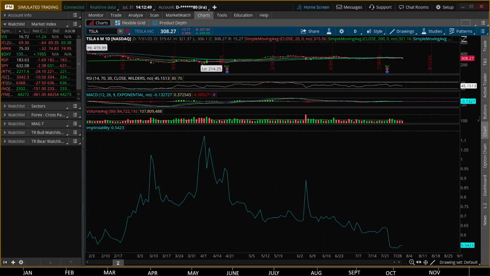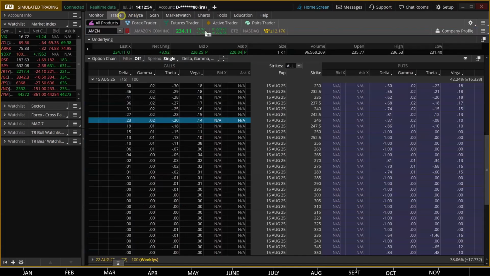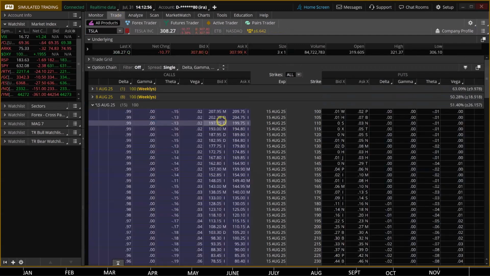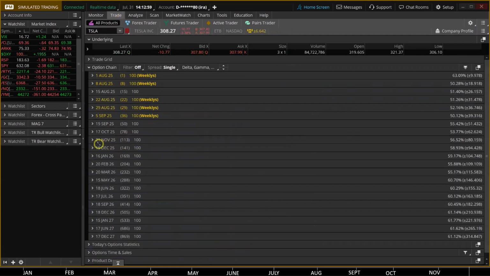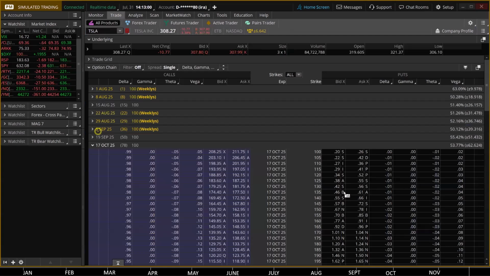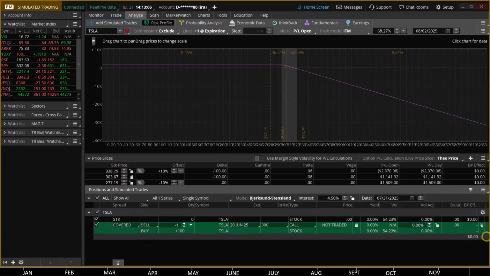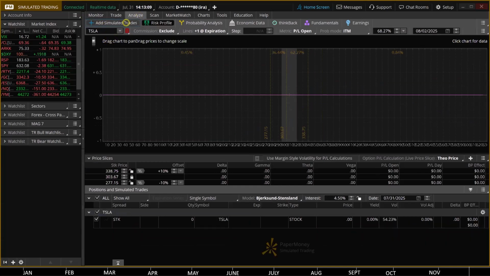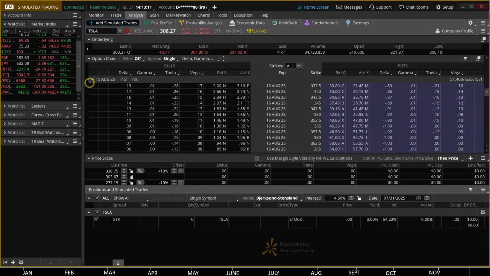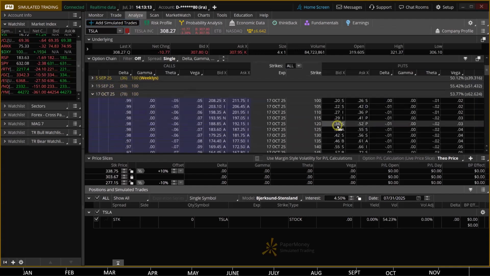And so what I talked about doing was the concept of a straddle, or otherwise known as a strangle if you're going to do offset strike prices. A straddle is when you go out in time and you buy the same strike price. You buy the 30, and I'll just show you guys on the risk graph here. So let's go to Tesla. We'll add a simulated trade and we'll do 78 days.